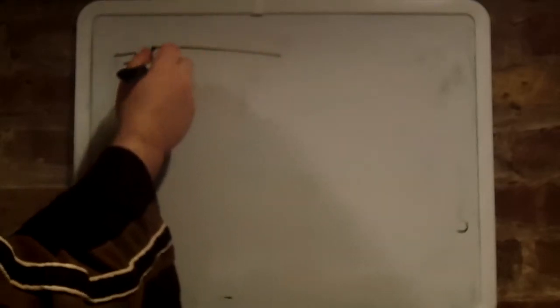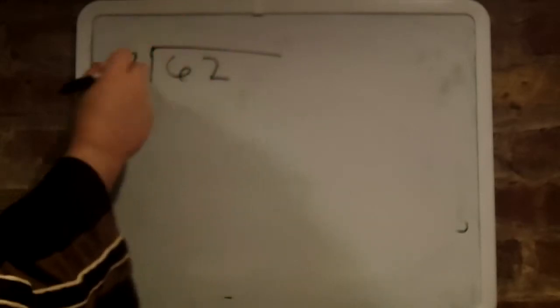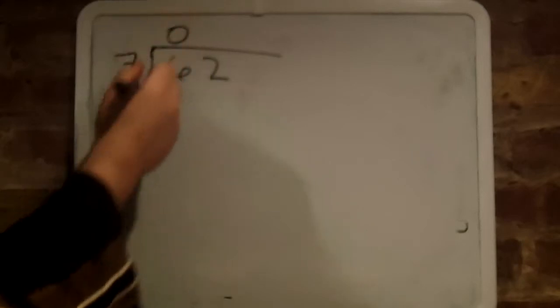If I have, say, 7 going into, I don't know, say 62. 7 won't go into 6, it's too big. Put a 0 there. How many times would 7 go into 62? Well, let's think. 7 times 7 is 49. 7 times 8 is 56. 7 times 9 is 63.